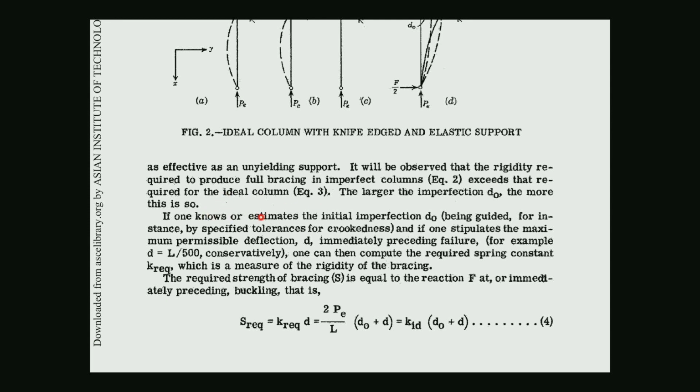If one knows or estimates the initial imperfection D naught, which is being guided, for instance, by specified tolerances for crookedness, and if one stipulates the maximum permissible deflection immediately preceding failure, for example D equals this number, conservatively, one can then compute the required spring constant, which is a measure of the rigidity of the bracing.